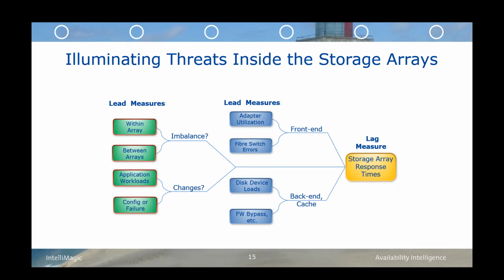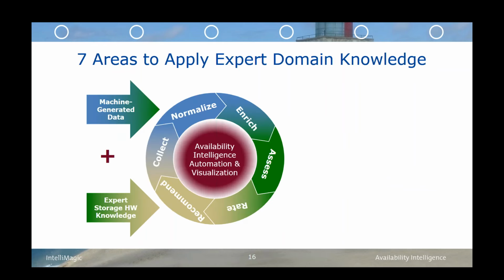So this is kind of our idea on how we apply the expert domain knowledge to get visibility into these types of lead measures. There's 7 different areas that we add expert knowledge into the process when we collect the machine-generated data.